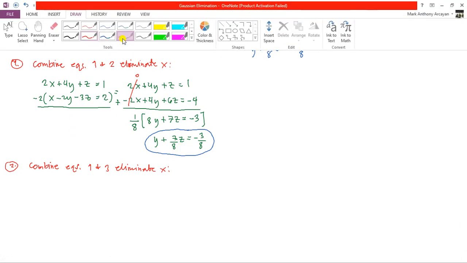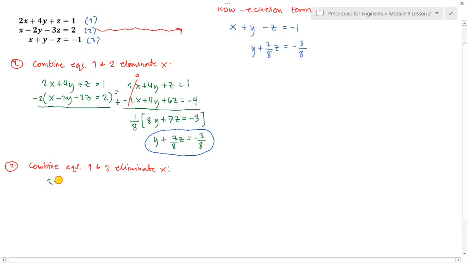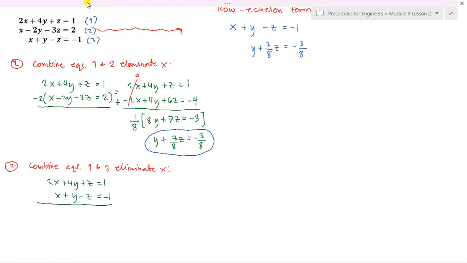So writing again equation 1, we have 2x plus 4y plus z is equal to 1. Equation 3 is x plus y minus z is equal to negative 1. So here, in order to eliminate x, again, multiply negative 2, same sa atong gihimo sa first step, kay same naman sila in terms of x.